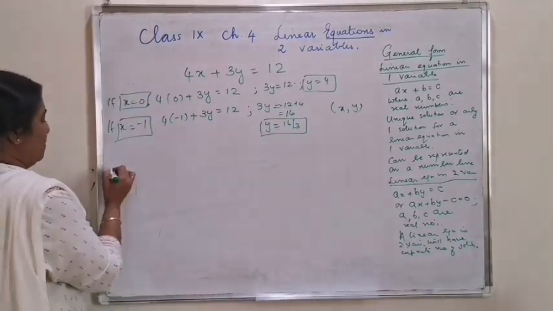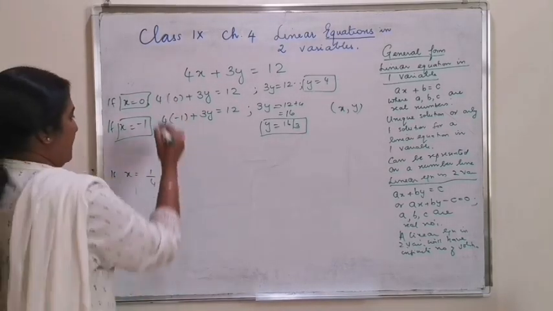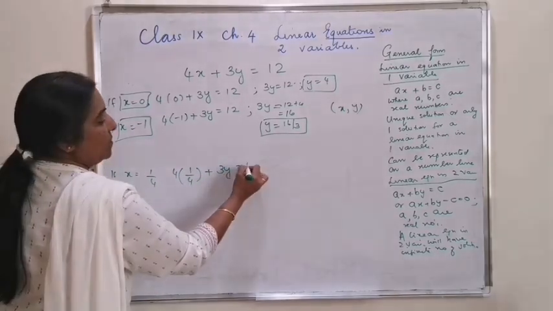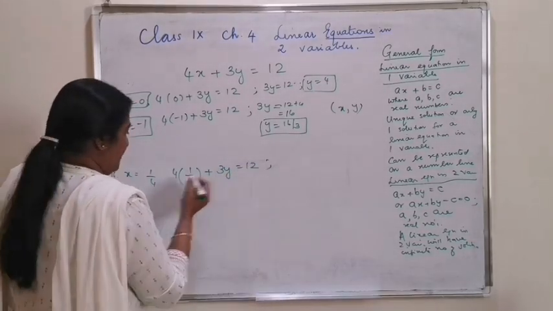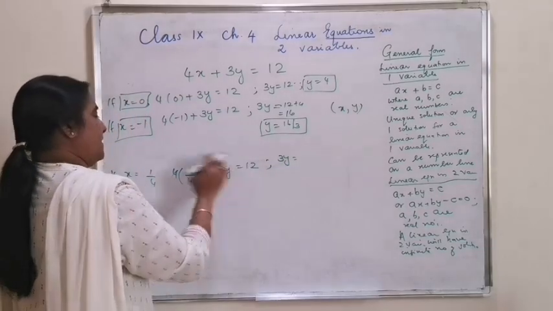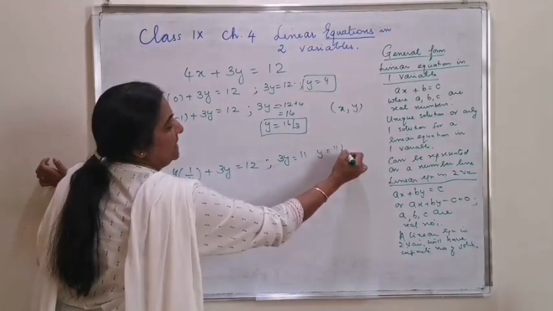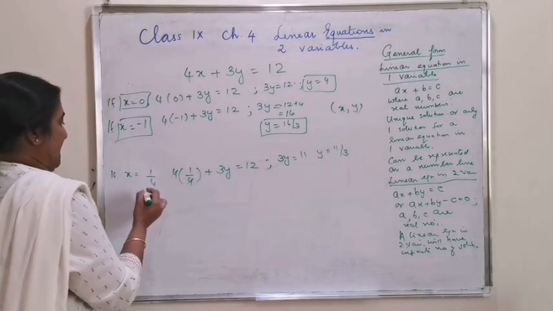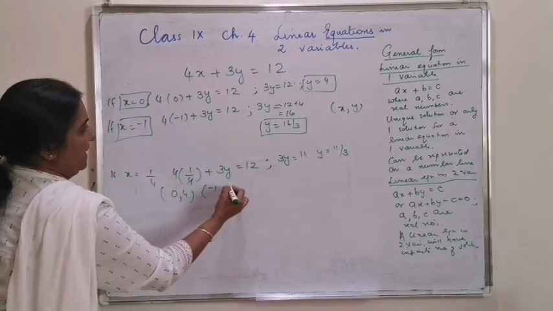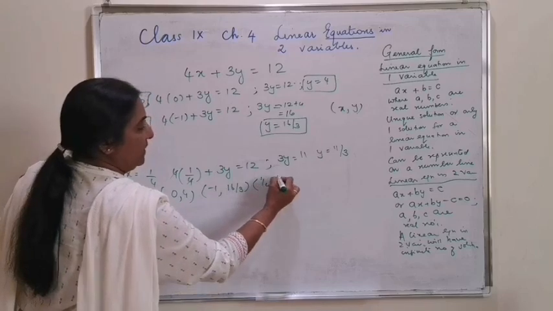Let's take the value of x as 1 by 4. 4 into 1 by 4 plus 3y is equal to 12. 3y is equal to 12 minus 1, 11, or y value is 11 by 3. Thus, the first ordered pair is 0, 4, second -1, 16 by 3, third 1 by 4, 11 by 3, and so on.